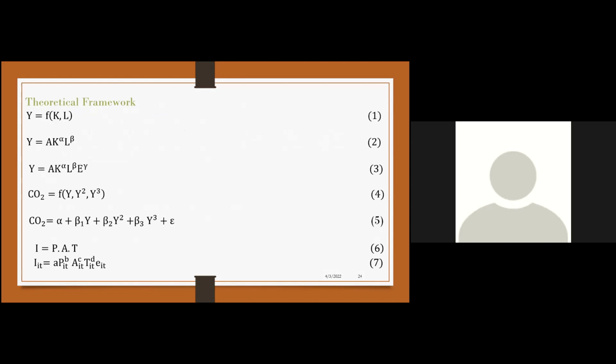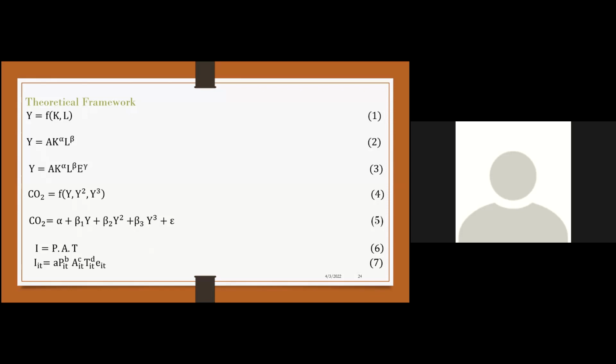Cobb-Douglas created the model that allows us to do the estimation by putting A, which is the technical progress. In this particular study, we will assume the technical progress, A, is constant over a period of time, while alpha and beta are output elasticities.